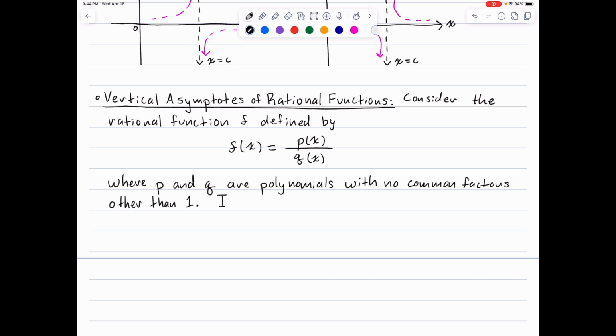If for c in the real numbers, q of c equals 0, then x equals c is a vertical asymptote of f.